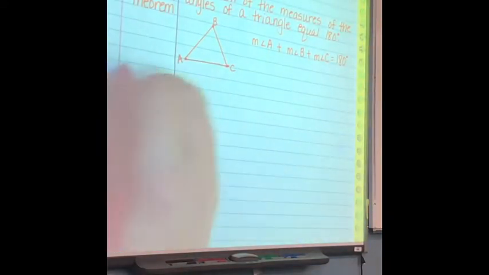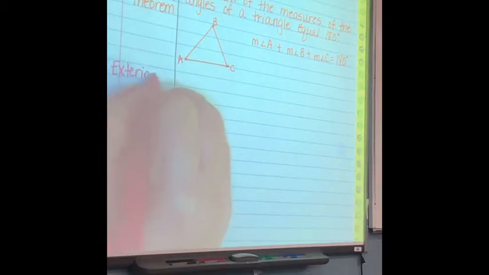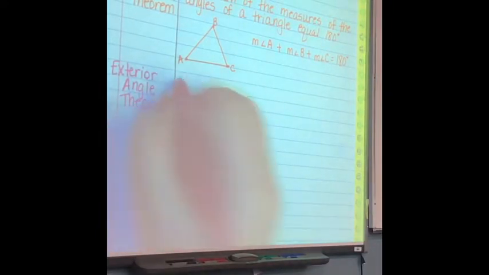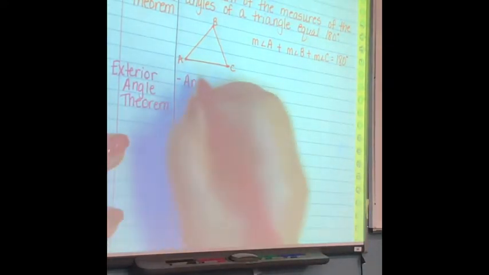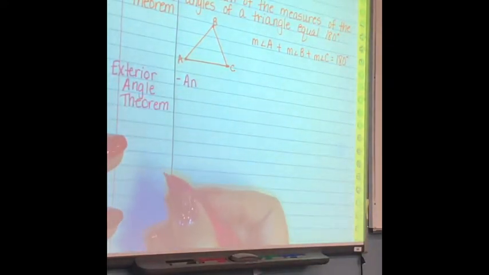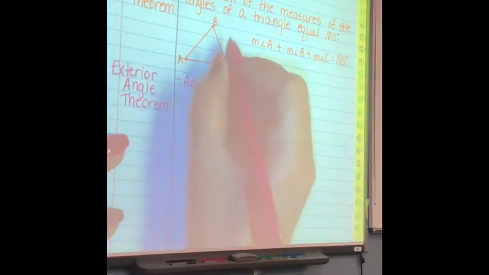The next one is called the exterior angle theorem. So the first thing you need to know is how do we get an exterior angle? The exterior angles are formed by extending any one side of the triangle.